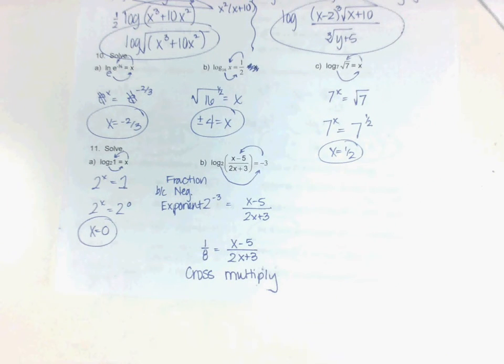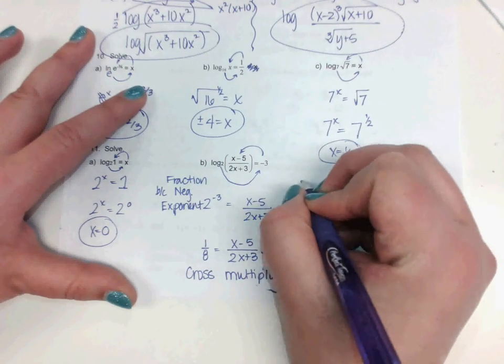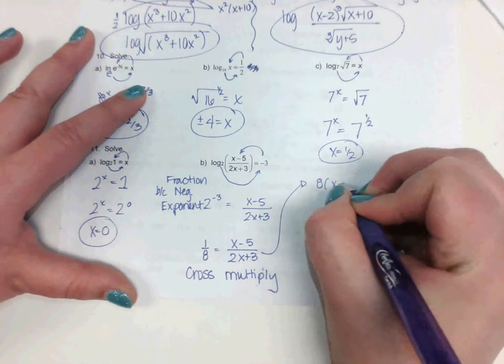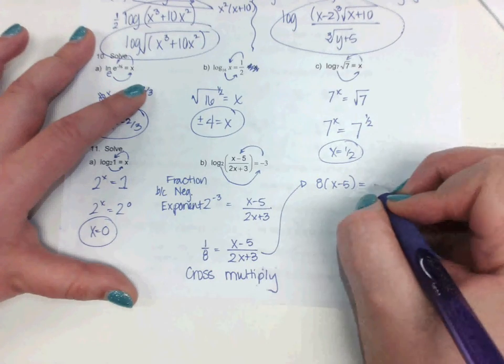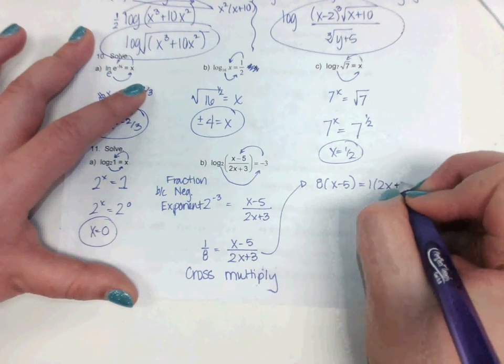So because 2 to the negative 3 had a negative exponent, it becomes an 8th, and then I cross multiply. Let's do the 8 side first. If you already started, it doesn't really matter. So I'm going to do 8 times (x minus 5). You're going to need to distribute there. And then the other side will be 1 times (2x plus 3).